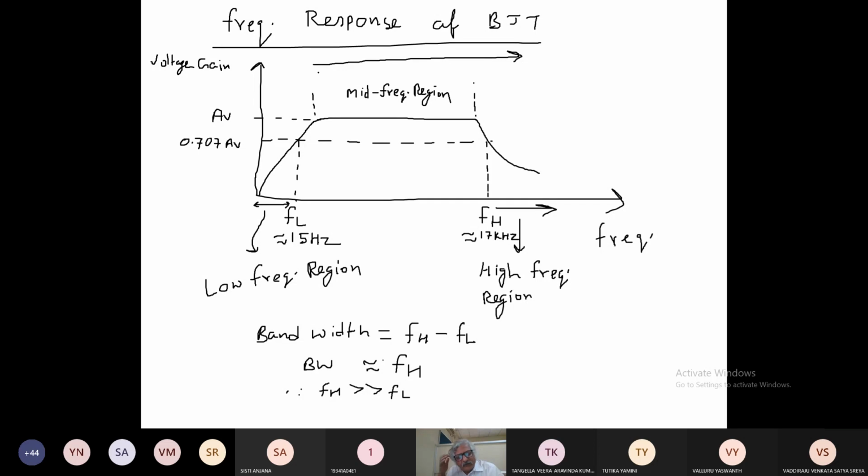If you compare the capacitive reactance of a capacitor in the low frequency region and the mid frequency region, where will you find the low reactance?